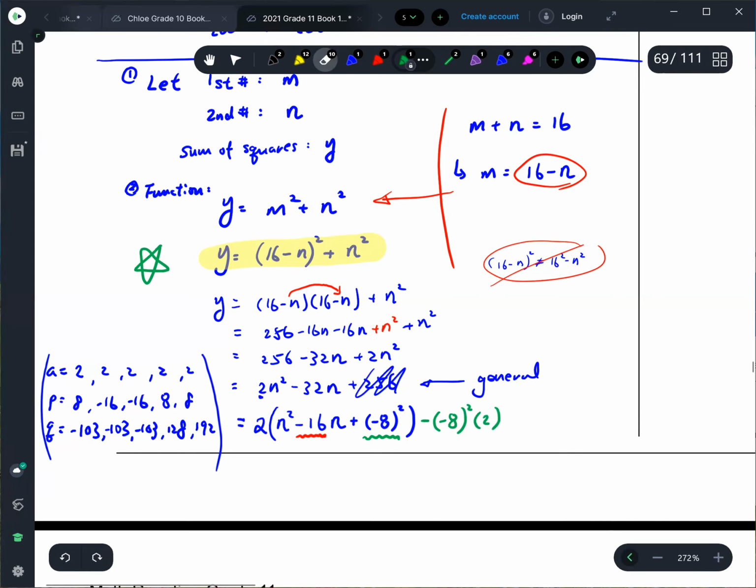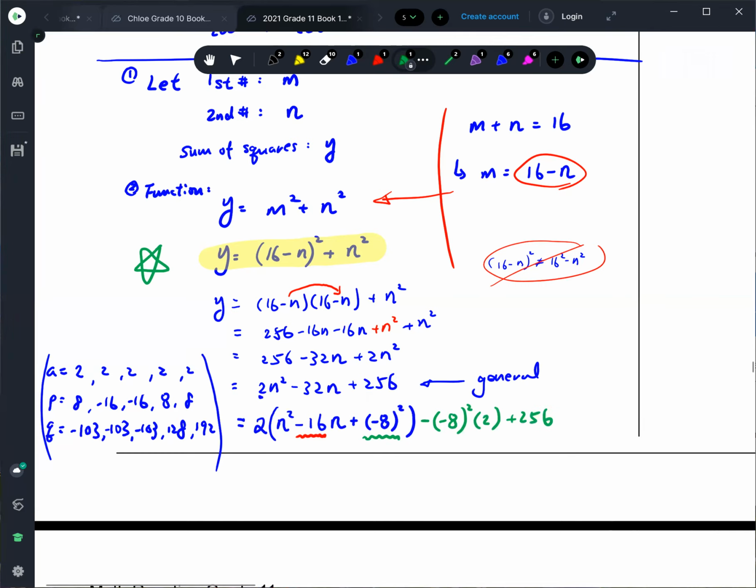And then finally, remember you crossed out the 256 at the beginning. You need to add it back. You pretended it was not there, so you have to put it back. Okay, so that's the 3 steps: factor A, divide by 2, balance.